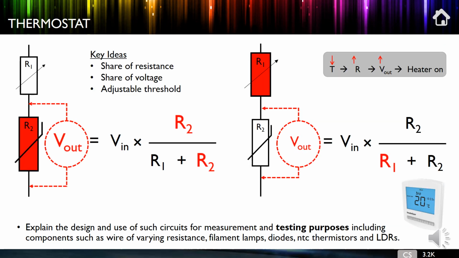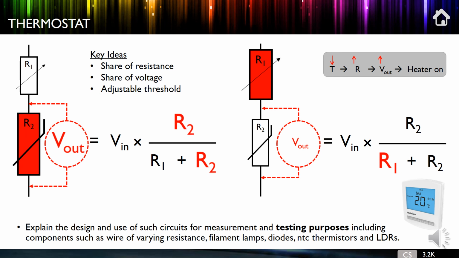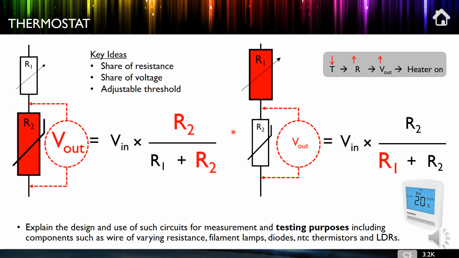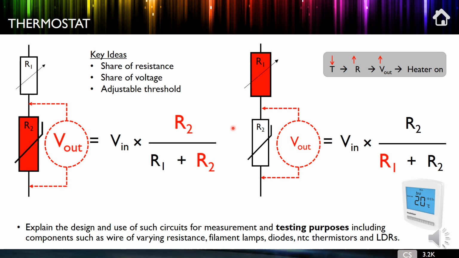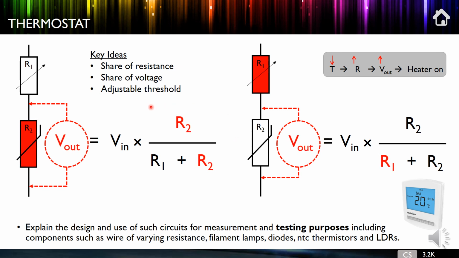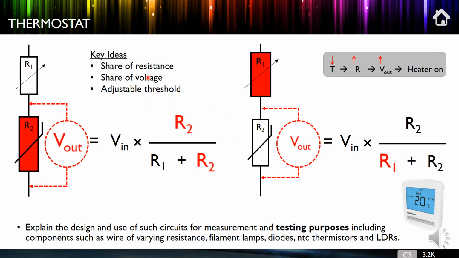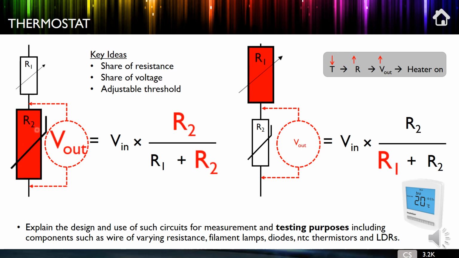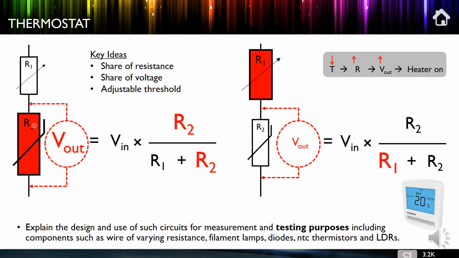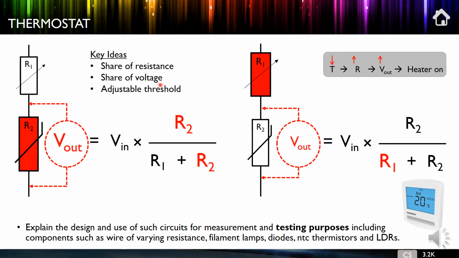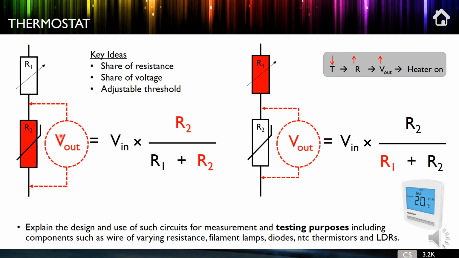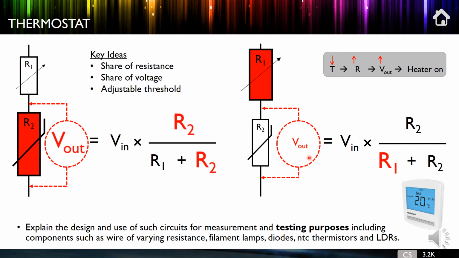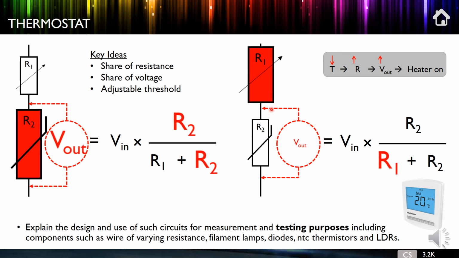Finally then, an example of something useful is a thermostat, which uses a thermistor to respond to temperature. What we're saying here is that the share of resistance will vary as the thermistor changes. It will take a greater share of the resistance. It will also take a greater share of the voltage. So a voltmeter across here will have a different output depending on what's happening.